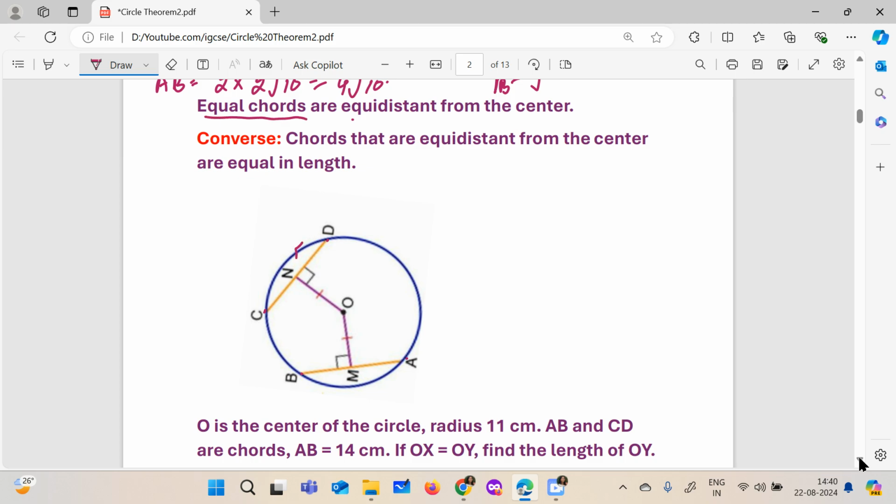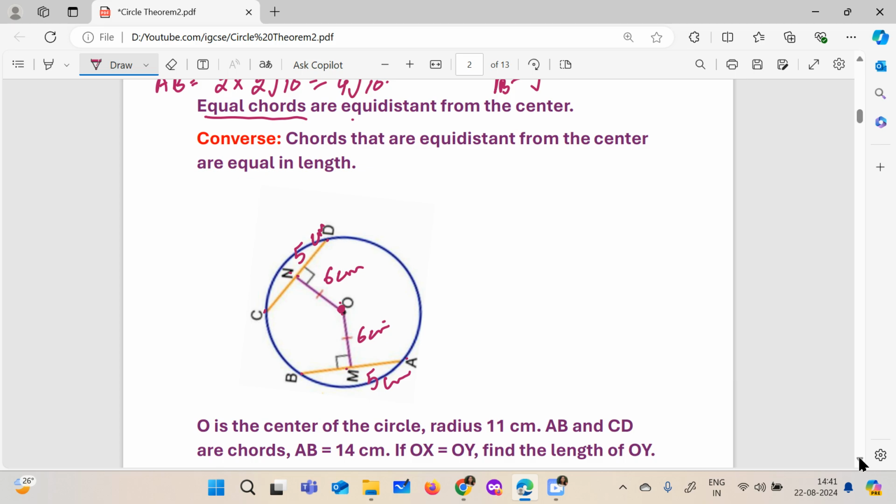Suppose if this is 5 centimeter, then this is also 5 centimeter. If the chords are equal in length, then the distance from the center will be the same. So if I say that OM is 6 centimeter, then ON is also 6 centimeter. Is this clear?